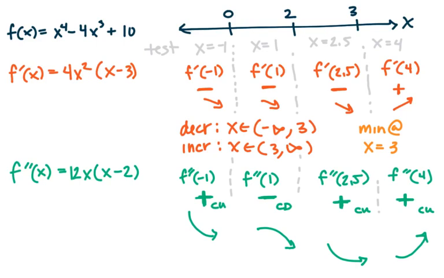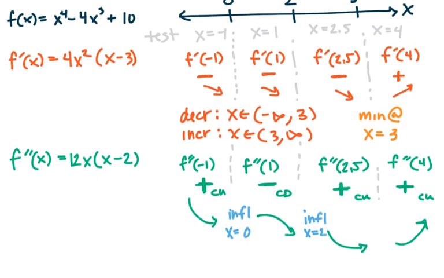And wherever my concavity changes sign, that is an inflection value. So when we change from positive to negative or negative to positive, at x equals 0 and x equals 2, we've got inflection at x equals 0 and inflection at x equals 2.